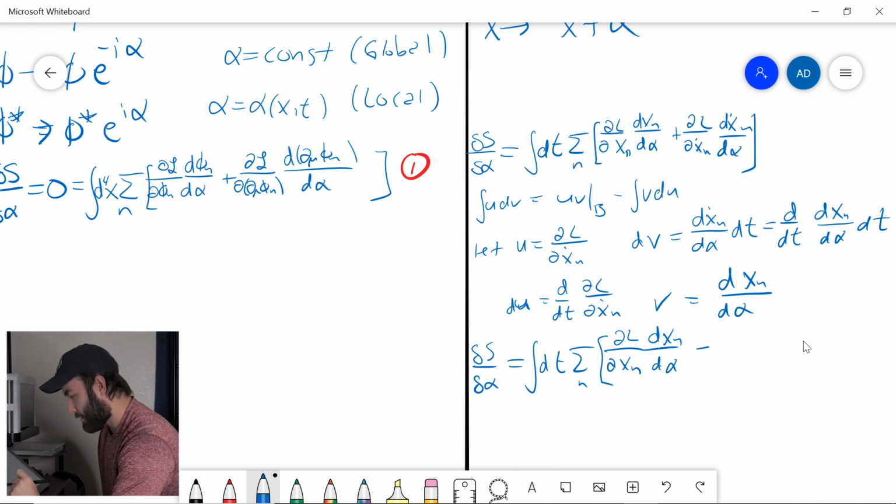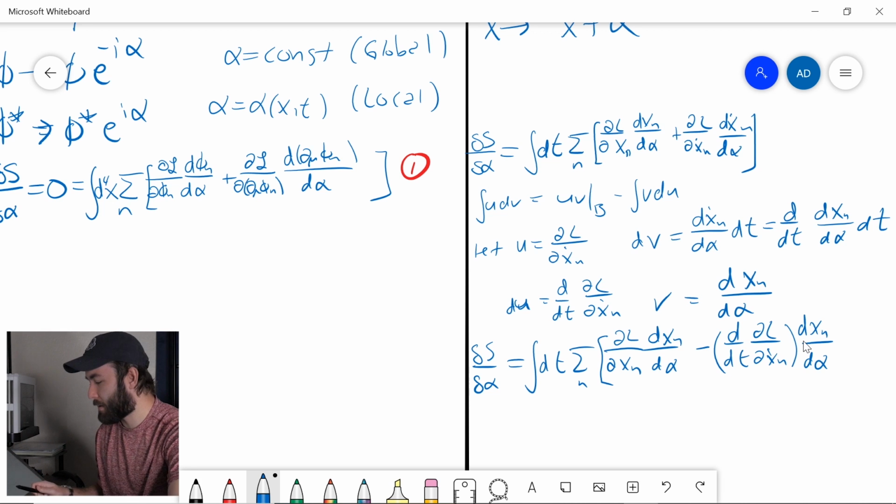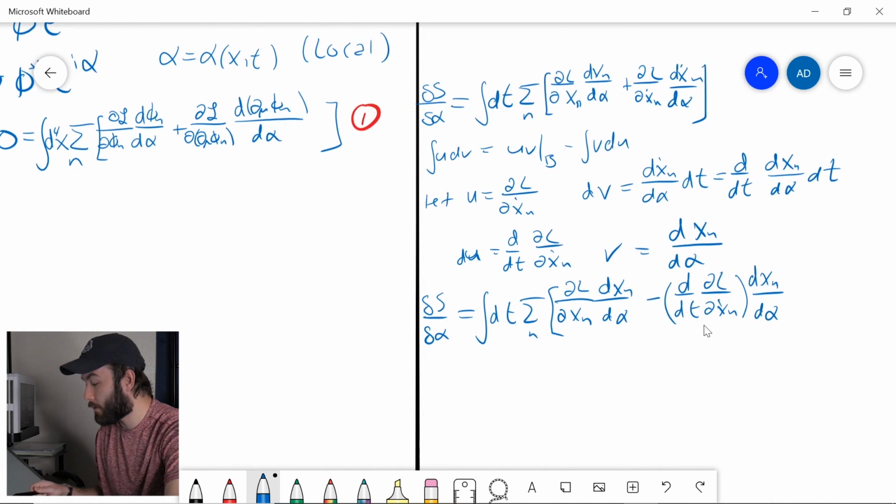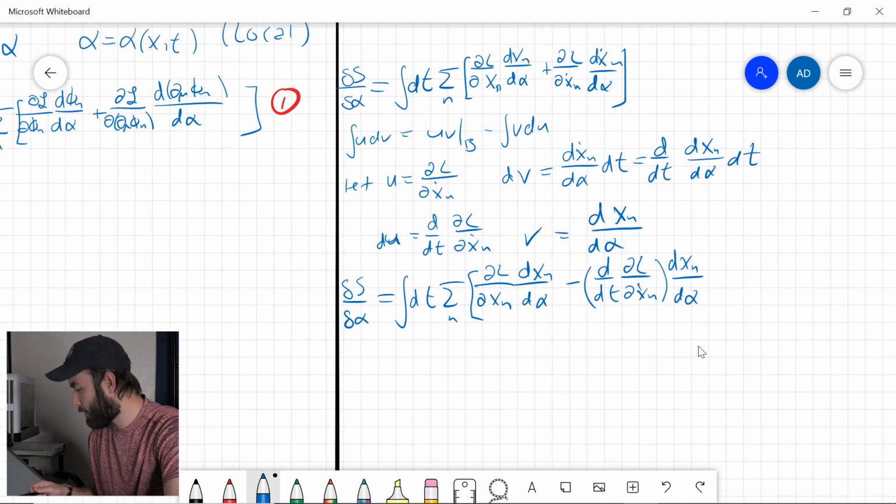So minus, I'm going to put a little parentheses here, d over dt of dL over dx dot_n, times dx_n over d alpha. I put the parentheses because the derivative is acting only on the derivative of the Lagrangian, not also on this part here, because x also depends on t, just to make that clear.